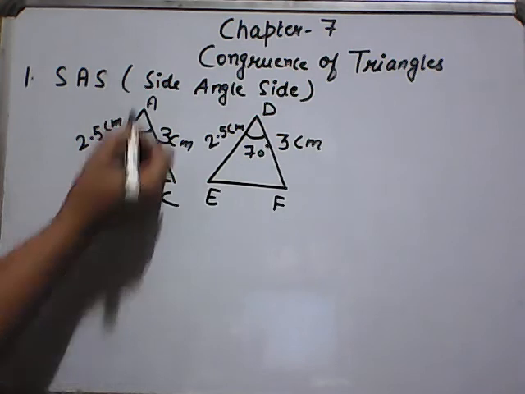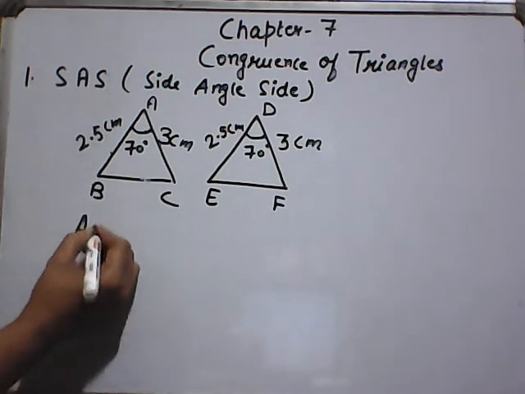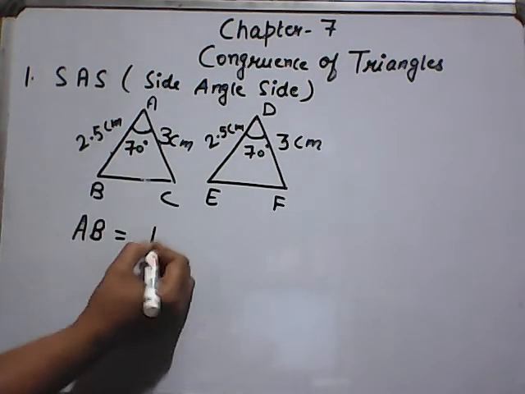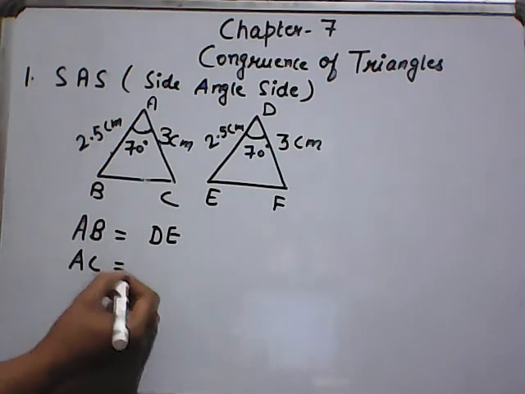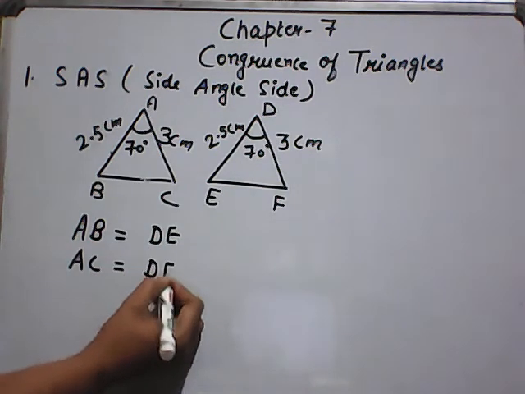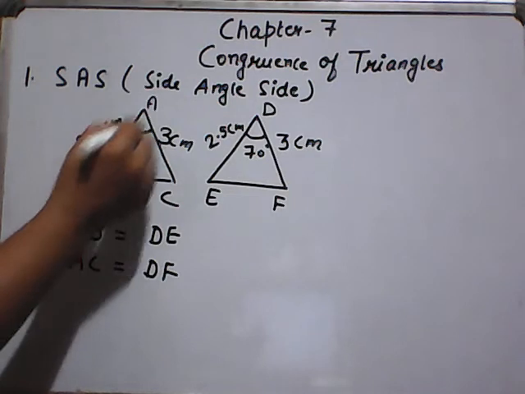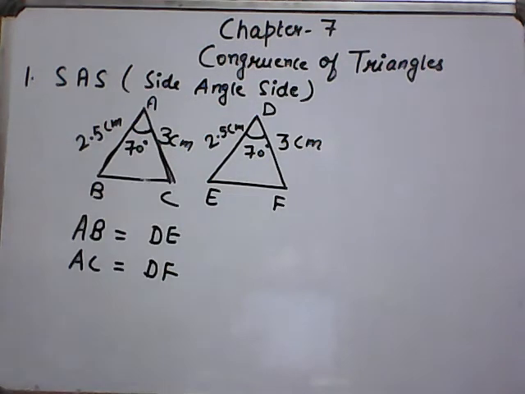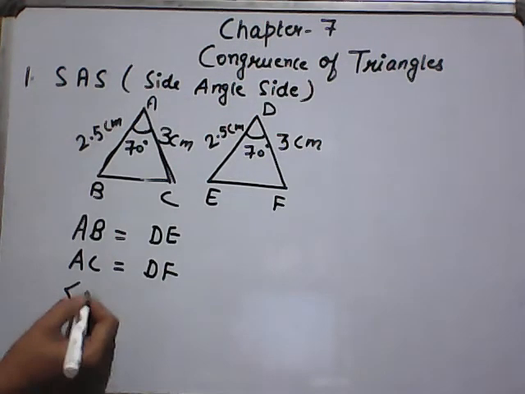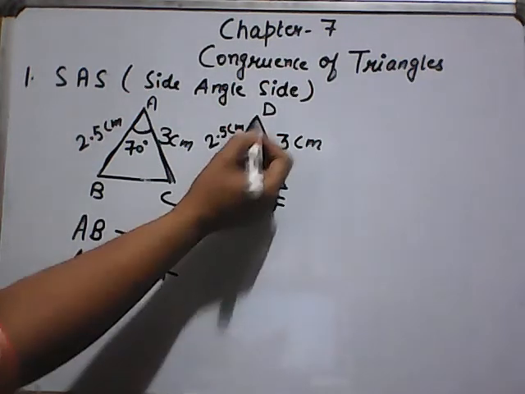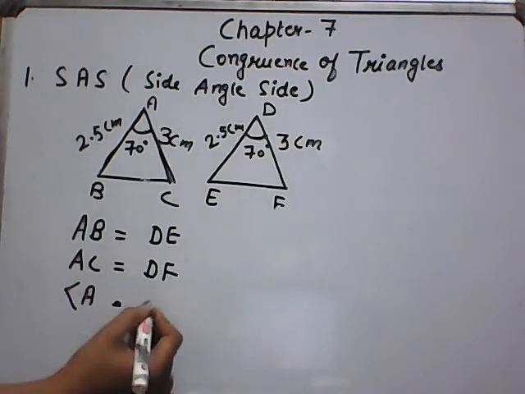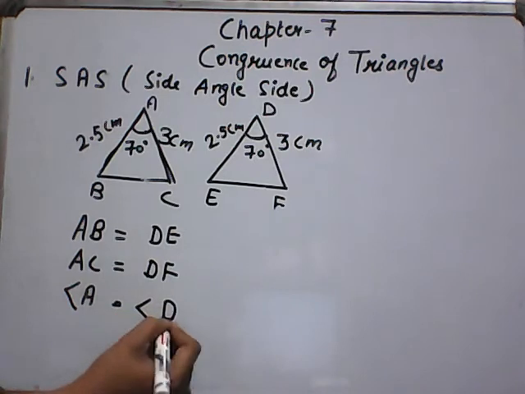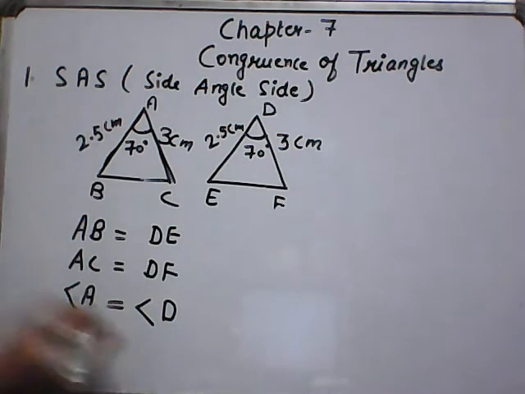It means two sides. Here, side AB is congruent to side DE and side AC is congruent to side DF. And the angle between these two sides is angle A, and the angle between DE and DF is angle D. So angle A is equal to angle D, both are 70 degrees.